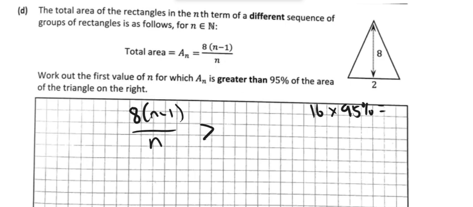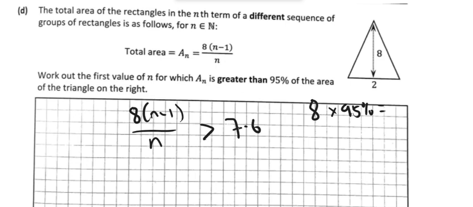Actually it's not 16, it's 8, because the area of that triangle is half times base times height, so half times 8 times 2 will be 8. So we're looking for 95% of 8, and that will be 7.6.